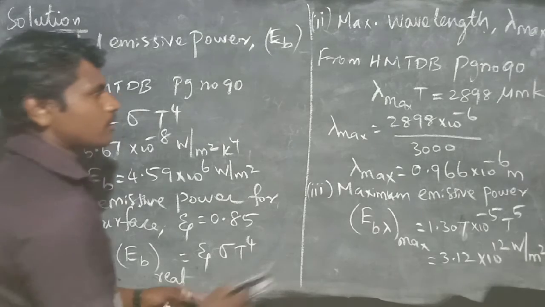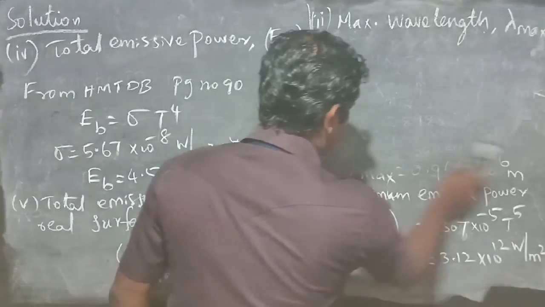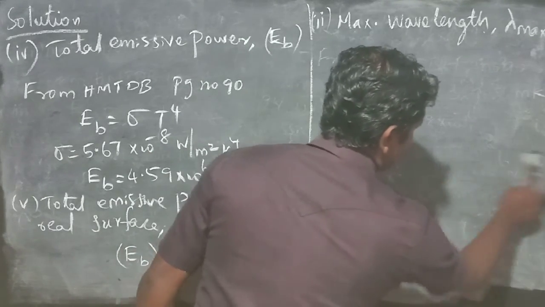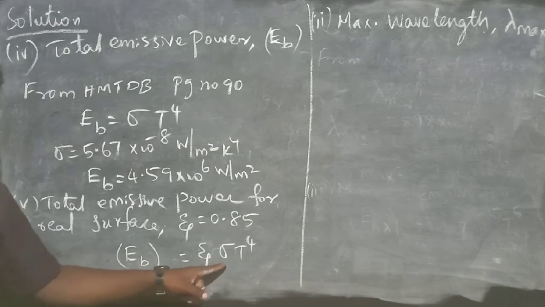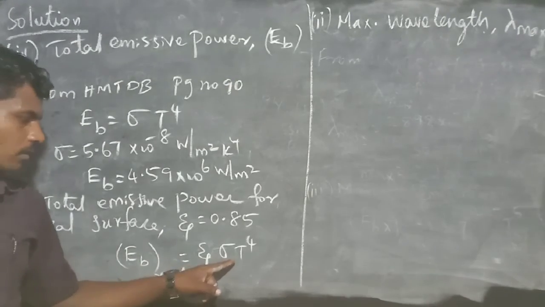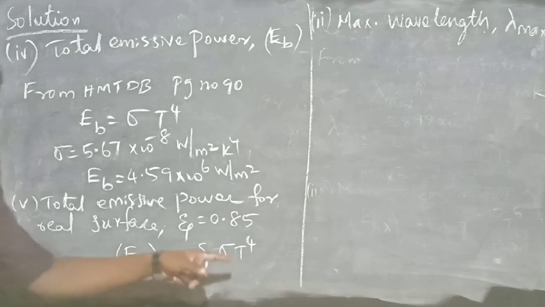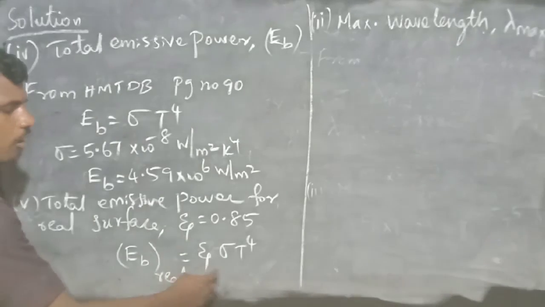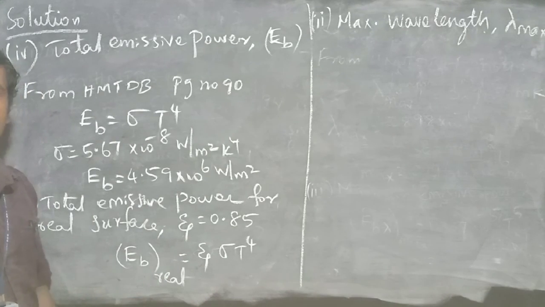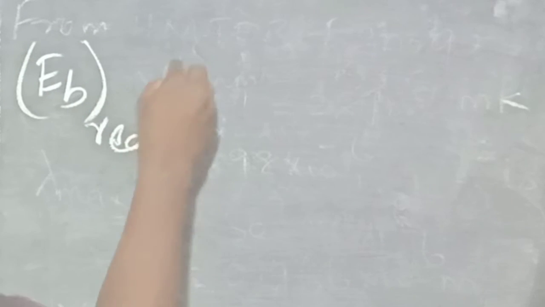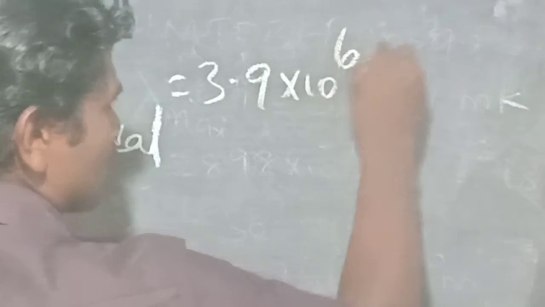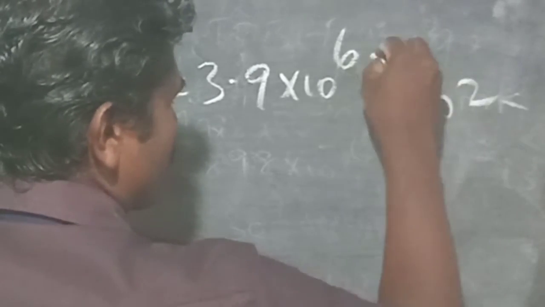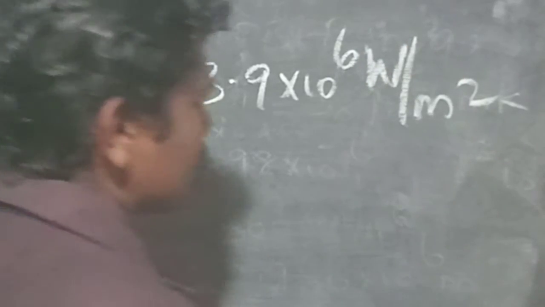Now we know all the values: emissivity, Stefan-Boltzmann constant and temperature. We substitute all the values in this equation and find the total emissive power for the real surface. The value is 3.9 into 10 power 6 watt per meter square.